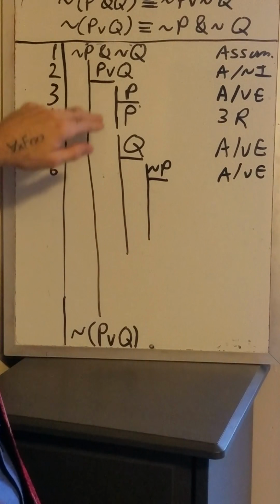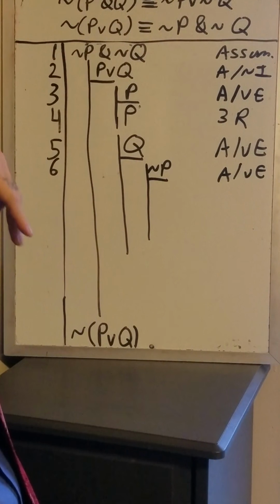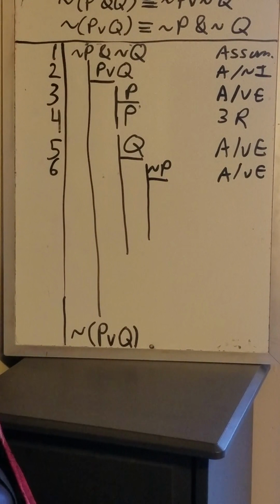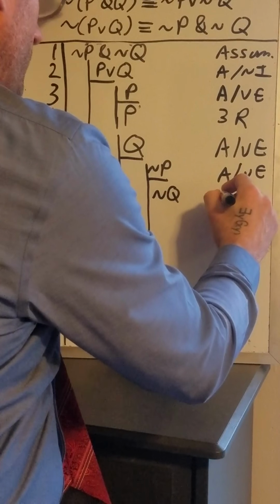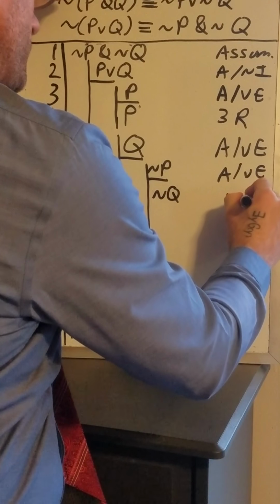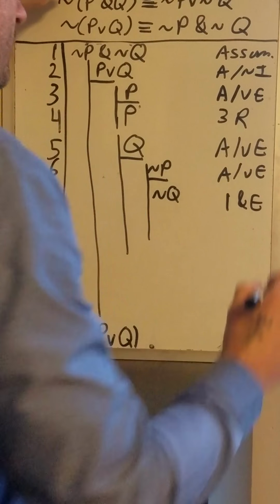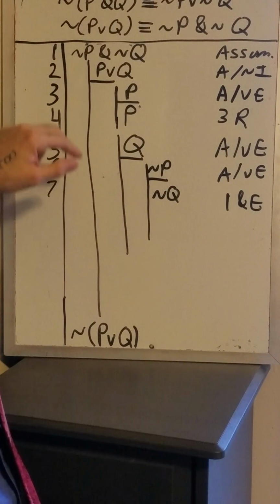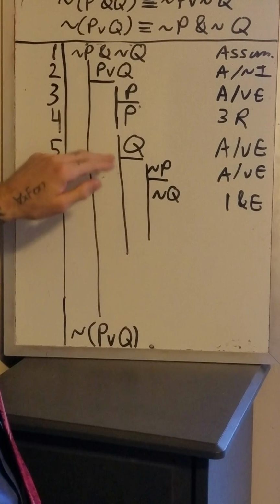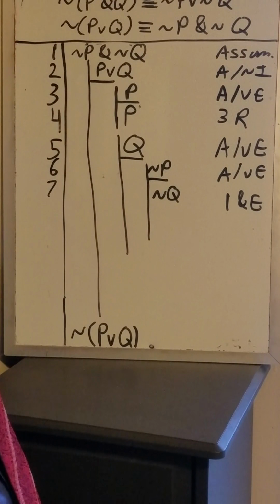Okay, now we're going to bring not Q down from line 1. That's line 1, conjunction elimination. Okay, and now on line 8, we are going to reiterate Q into this subderivation.